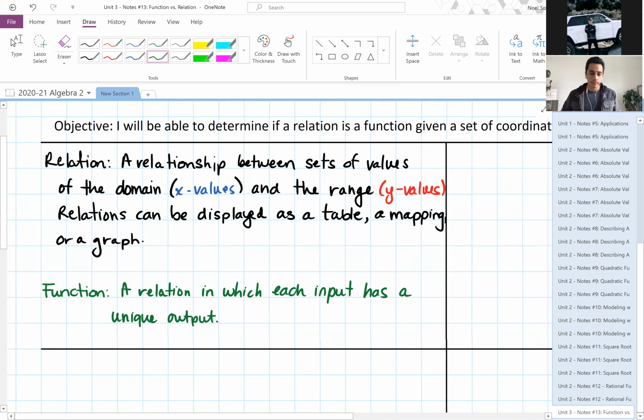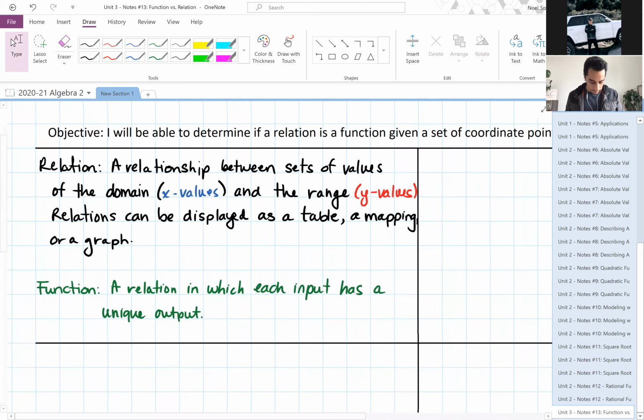A relation in which each input has a unique output, right? That's what a function is. And so I'll explain ways in which you can tell, how do I know if it's a function? How do I know if it's a relation? But those are the two different definitions.